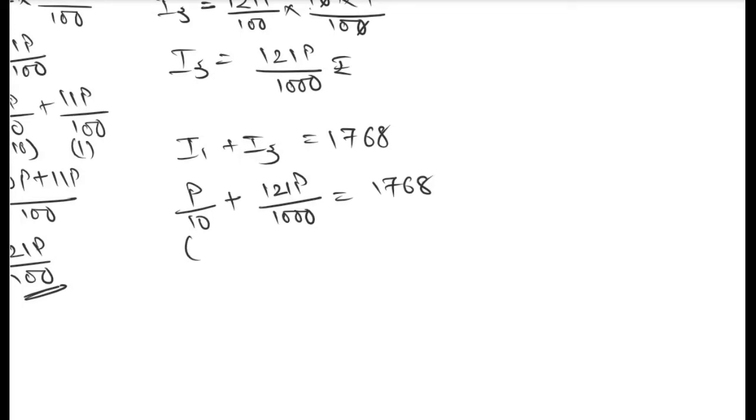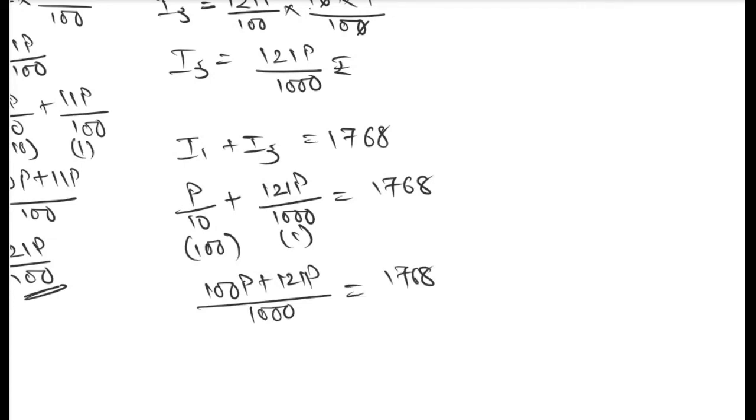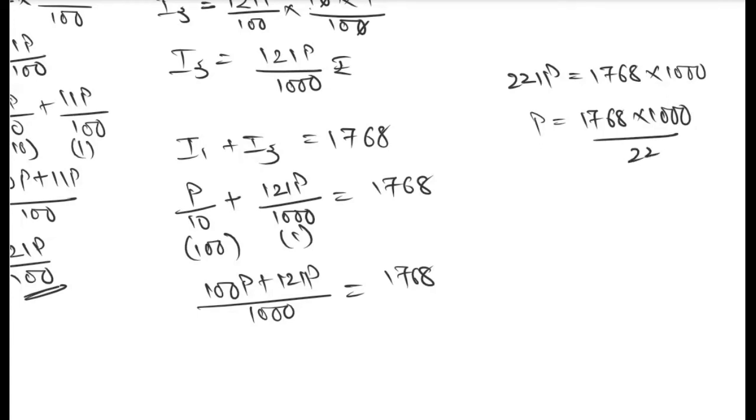So we'll take the LCM, which is 1000. So 100P plus 121P upon 1000 is equal to 1768. So 221P is equal to 1768 into 1000. So P is equal to 1768 into 1000 upon 221.